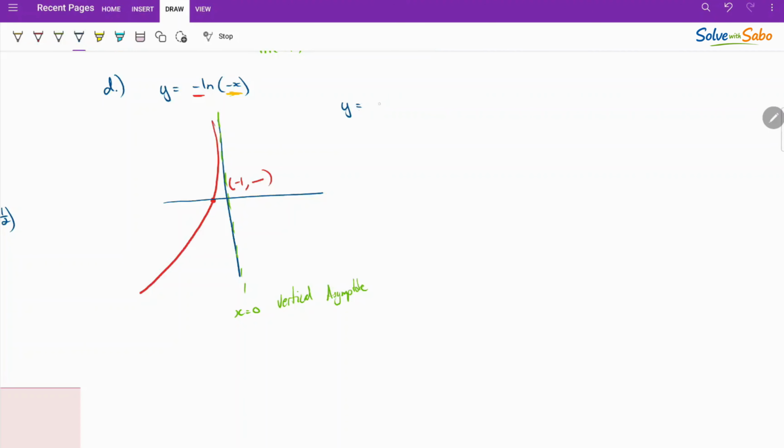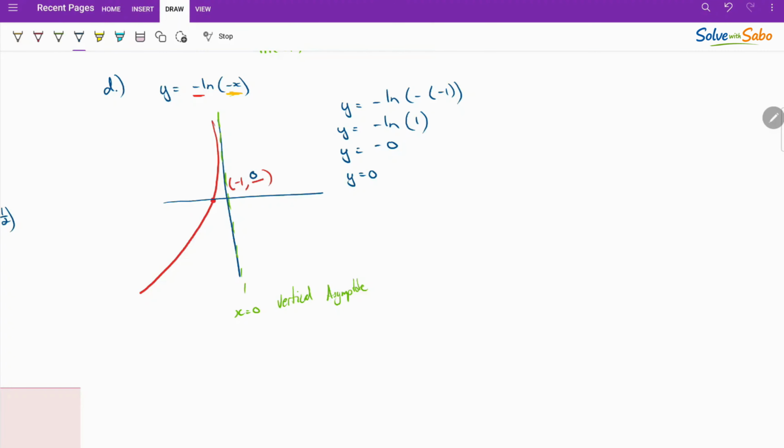I'm going to go y equals negative ln of negative 1. That's going to be a bit confusing. Negative ln of negative 1 is negative ln of positive 1. And just like before, we know that ln of 1 is 0, so we'll be at -0, which is not a thing, so just 0. So instead of being over here at 1 and 0, we're at -1 and 0.